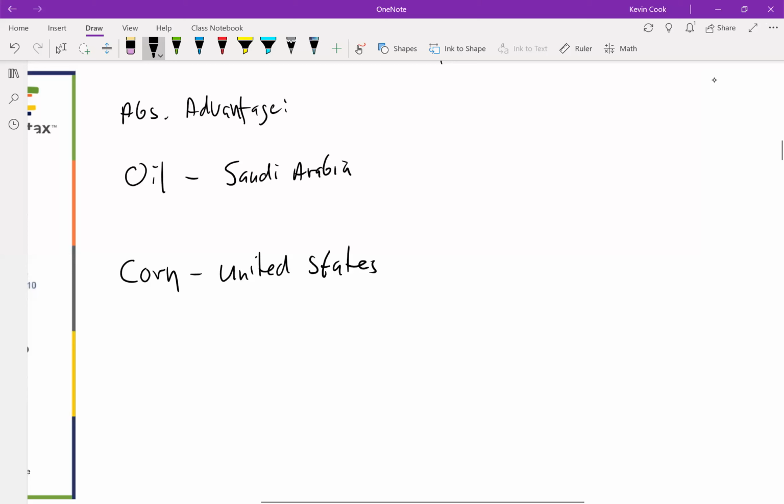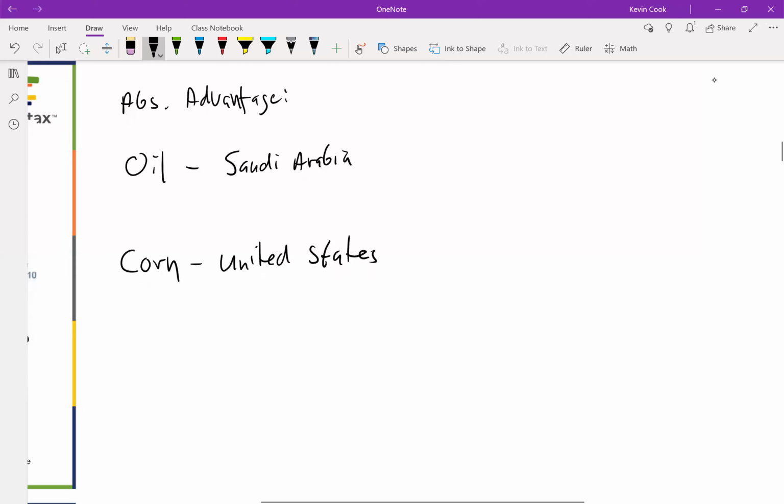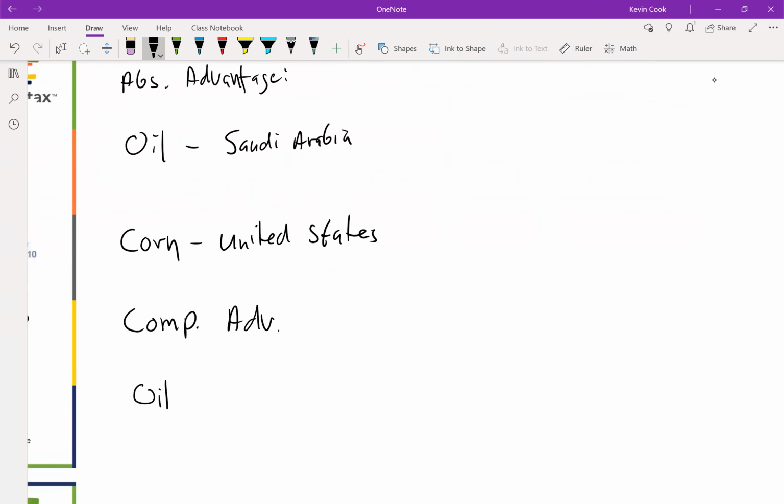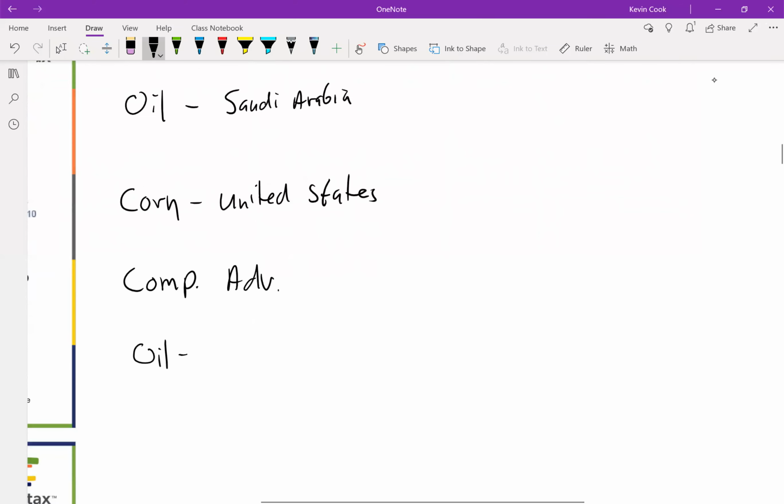The other type of thing we have is our comparative advantage. This one takes a little more to it, so after we do this, I'll show a little shortcut for comparative advantage. But at first, when we think about this, we'll look into oil. For this, we have to consider what the opportunity cost is.